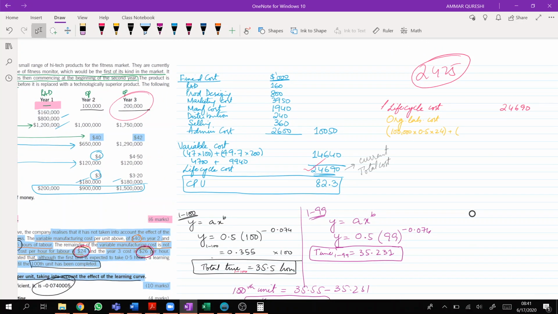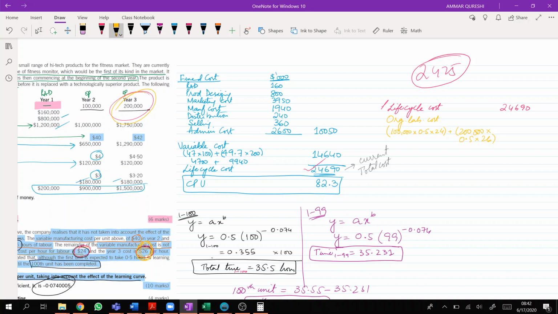So second year it's 200,000, multiplied by 0.5 and then multiplied by 26. So this is the current labor cost.